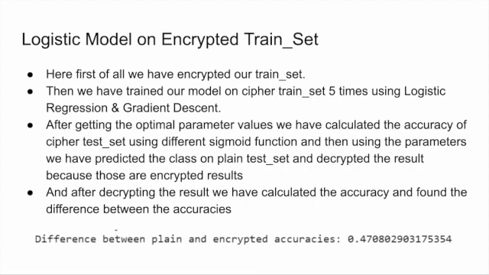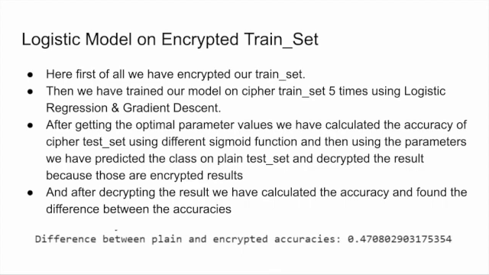So first of all we encrypted our train set, then we trained our model on the cipher train set 5 times using logistic regression and gradient descent. After getting the optimal parameter values, we calculated the accuracy on cipher text using the different sigmoid function, and then using the parameters we predicted the class on the plain text set and decrypted the result, because those are the encrypted results.